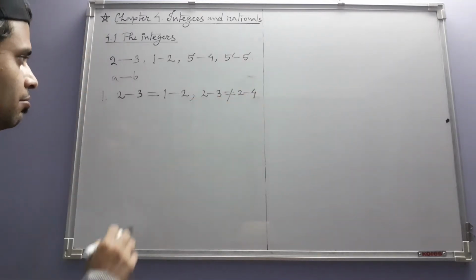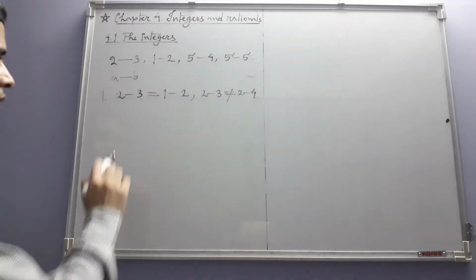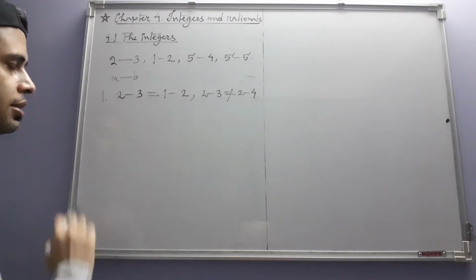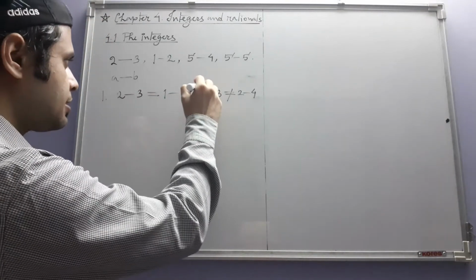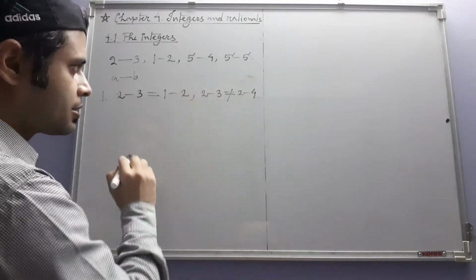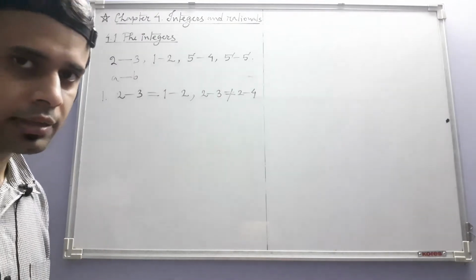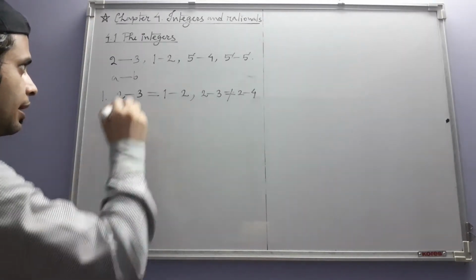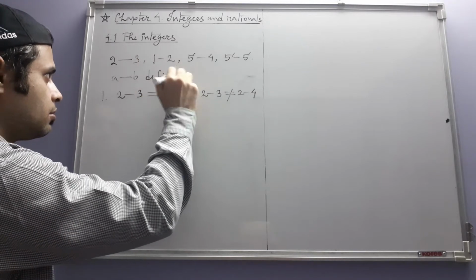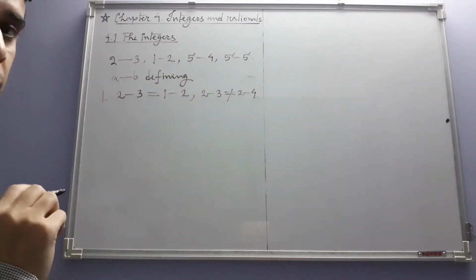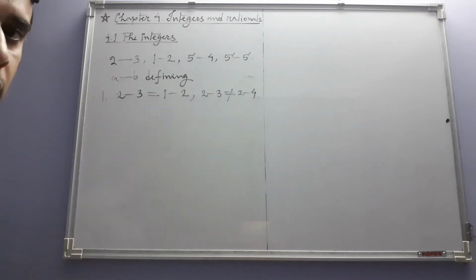You may be tempted to say that 2 minus 3 is equal to 1 minus 2 because 2 minus 3 is minus 1, and 1 minus 2 is also minus 1. And in that same vein, here the left hand side is minus 1 but the right hand side is minus 2. That may be your answer, but keep in mind we are defining the integers for the first time using the system of natural numbers.